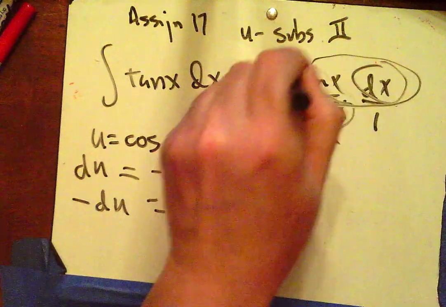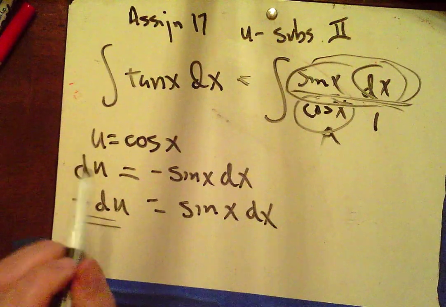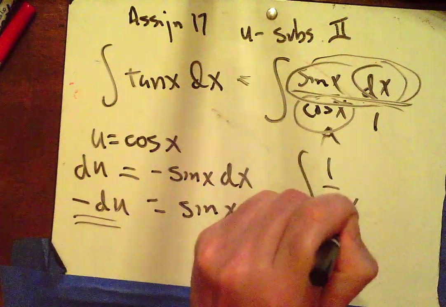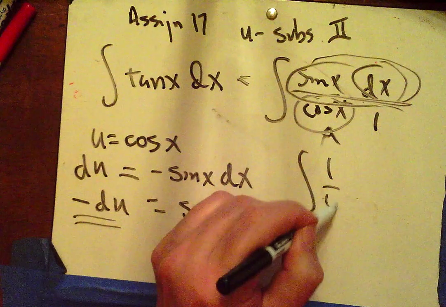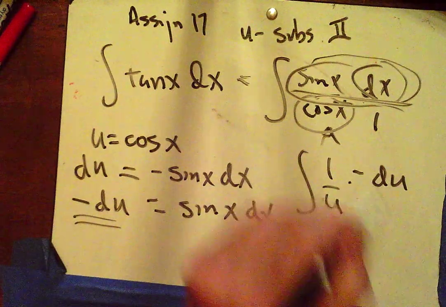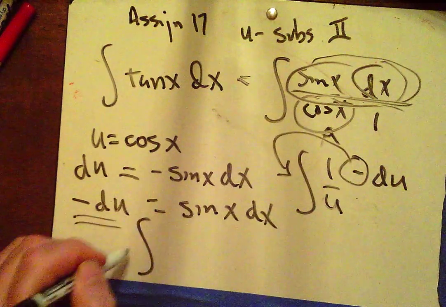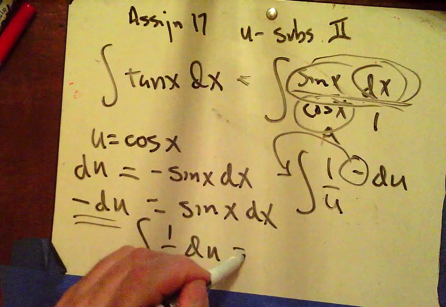Here's sine x dx all on the same level. That all gets replaced with negative du. So we've got 1 over cosine x. Oops, sorry, cosine was u. We've got 1 over u times negative du. Well, let's get that negative sign out of the way. 1 over u du. Excellent.